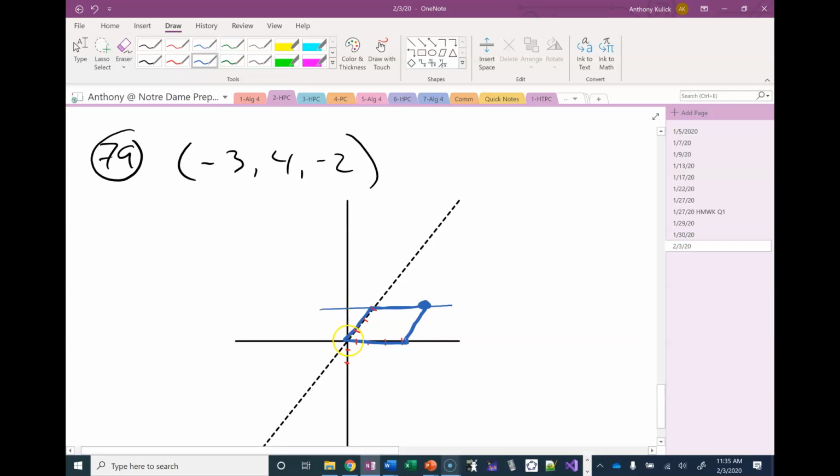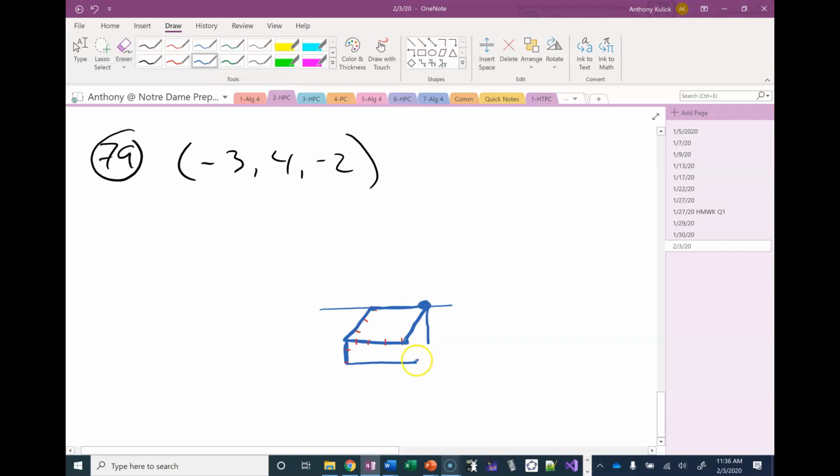So to complete my box, I got to go down here. And then I'm just going to draw the rest of this with some perspective. Oops. Well, I guess it doesn't really matter. It's all done now.